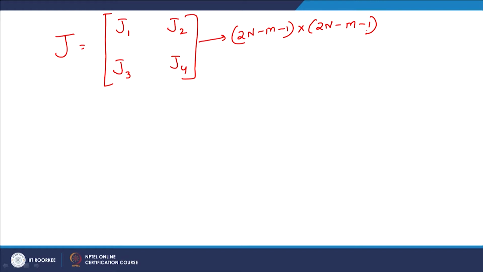So, this is a square matrix. Irrespective of the number of buses and number of generators in the system, this Jacobian matrix would always be a square matrix.